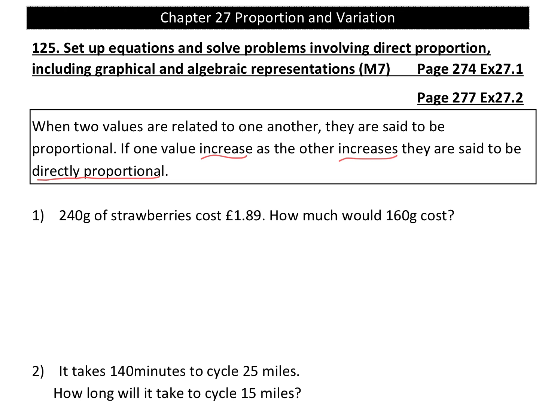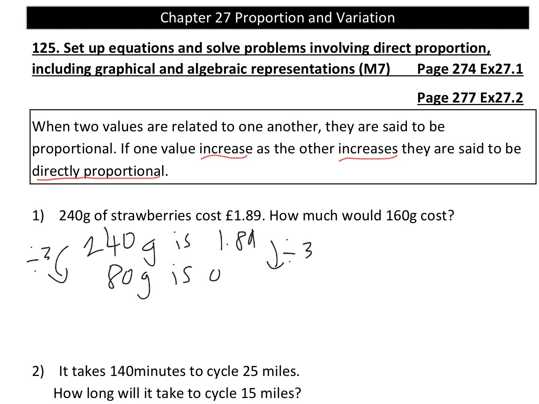Now, our technique we'd use for this here would depend if it's calculated or not. I would use potentially the unitary method if the numbers are really difficult. This could be non-calculator. We've got 240 grams and 160 grams, and I can see there is a common factor of 80. So what I'm going to do is get the 240 grams, which is £1.89. I'm going to divide that by 3, because that would get me 80 grams.